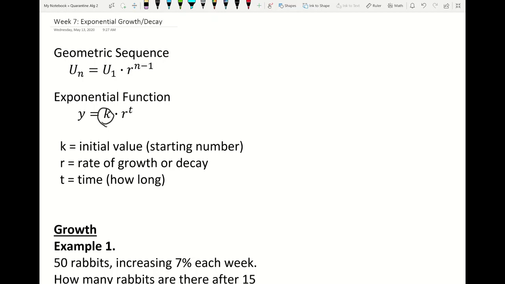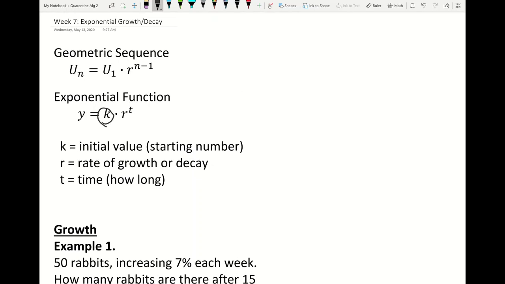And also, we will talk about the difference between growth and decay problem. And t represents the time. I want you to notice one big difference there, that we do not need to subtract 1.